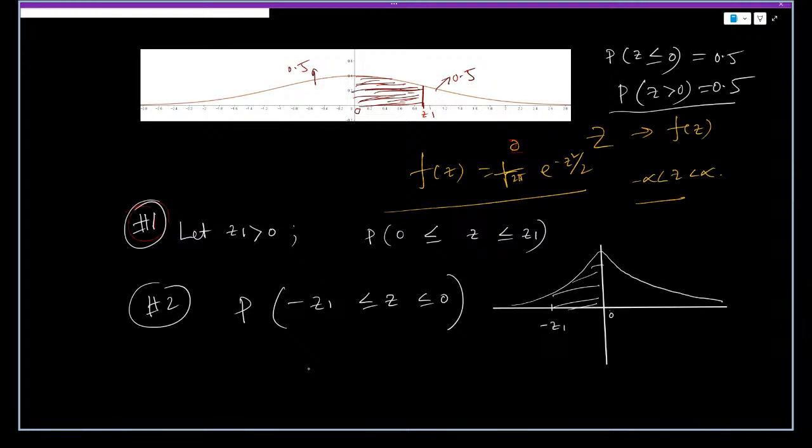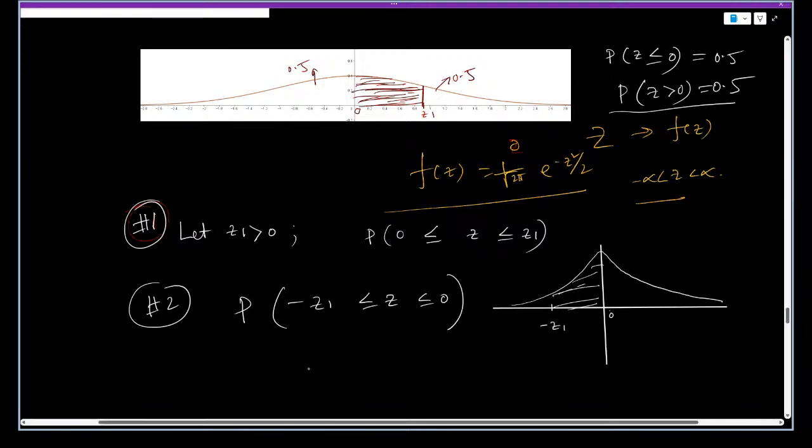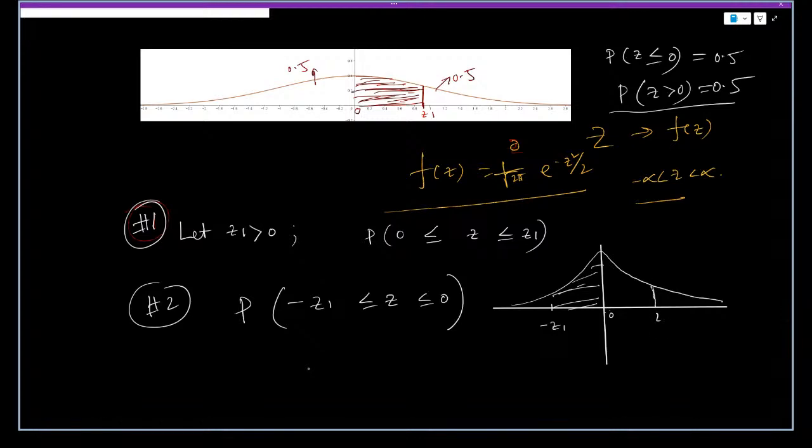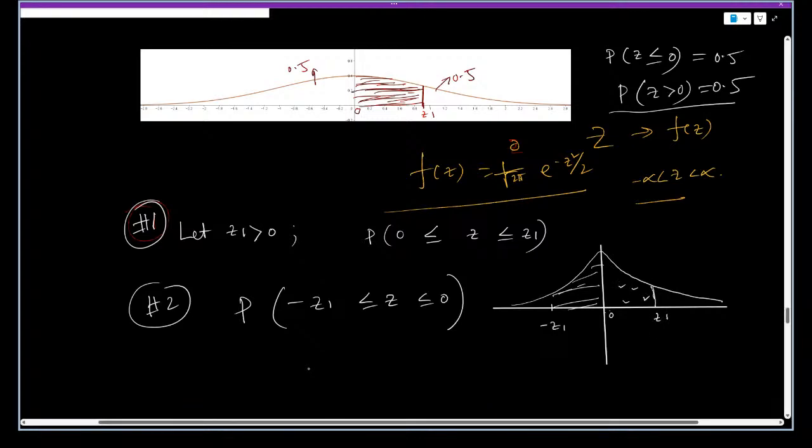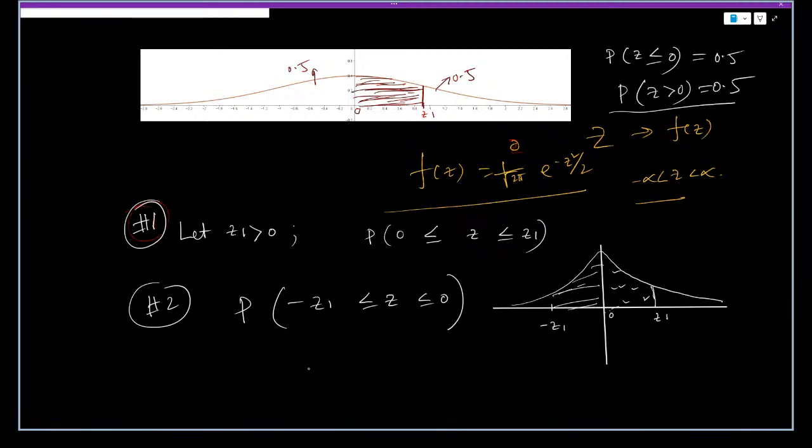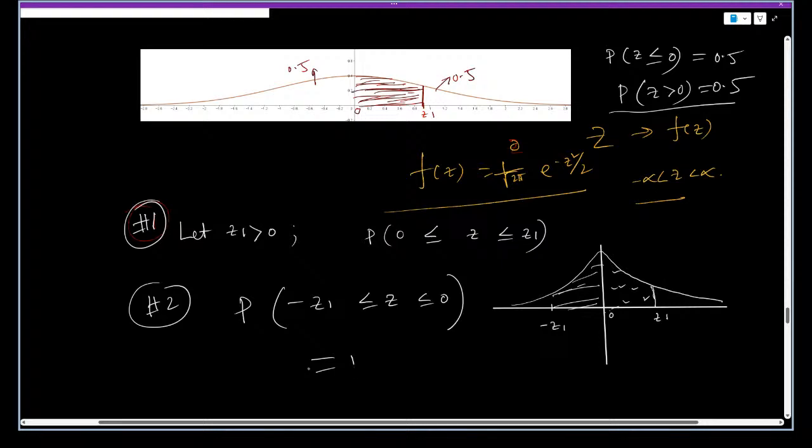As the curve is symmetric about the z axis, the area between minus Z1 and 0 is the same as between 0 and Z1. So this is equal to P(0 ≤ Z ≤ Z1). Clear? Hope you have understood.